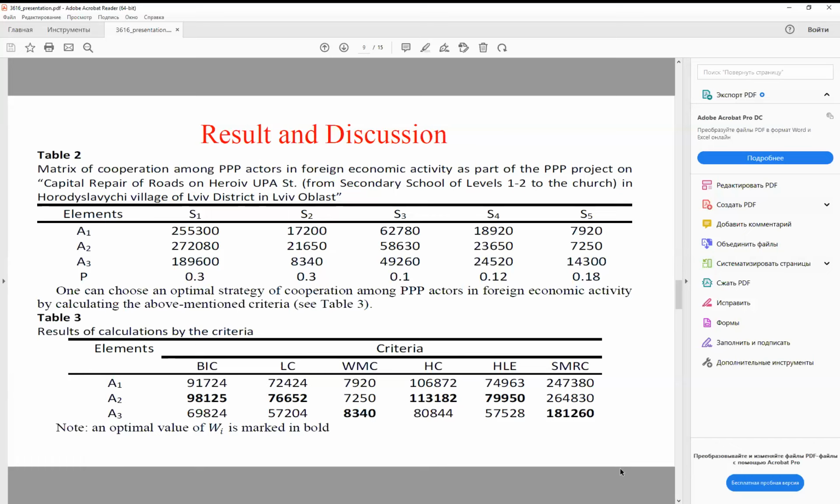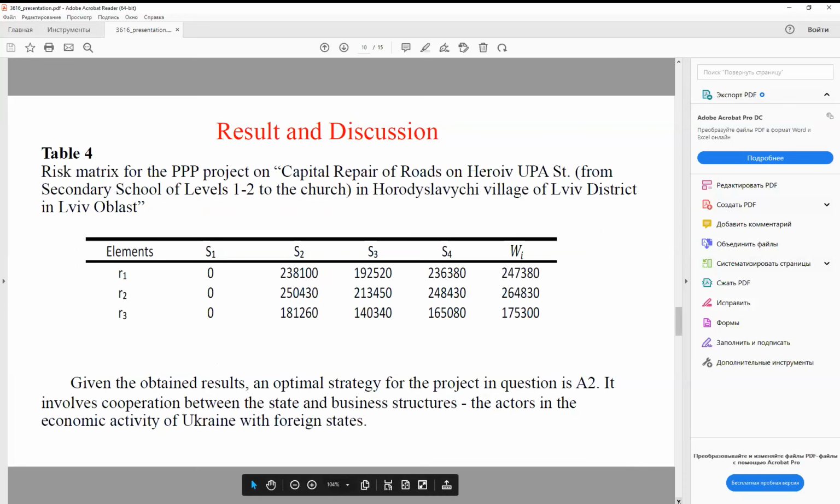This group includes employees of the economic and legal department of ATC Davydiv and of Onur Construction International LLC. As a result of the work of the expert group, we will receive the following matrices and calculations, namely Table 2. Sorry, there's a problem with the internet.